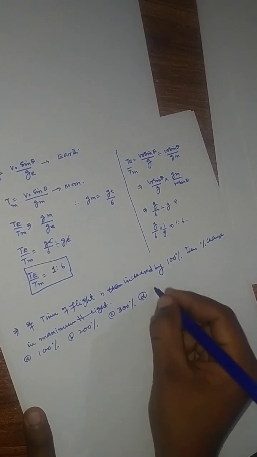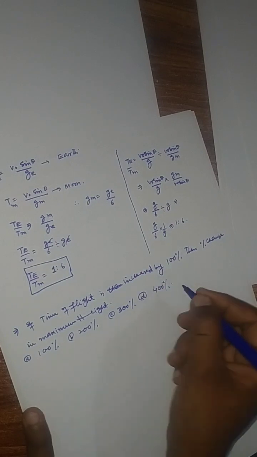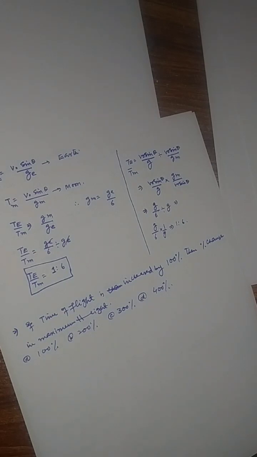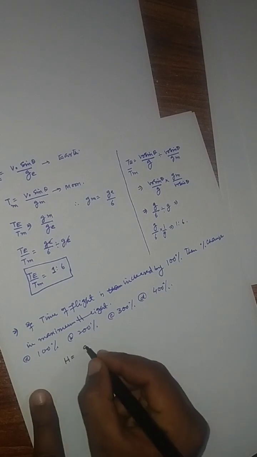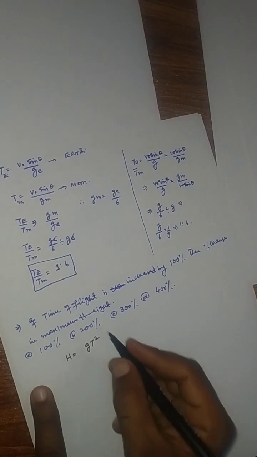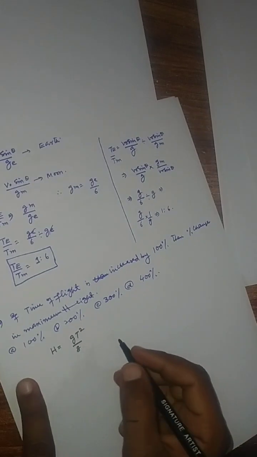Let's say कि जैसा कि we know relation between maximum height and time of flight is g t square over 8.